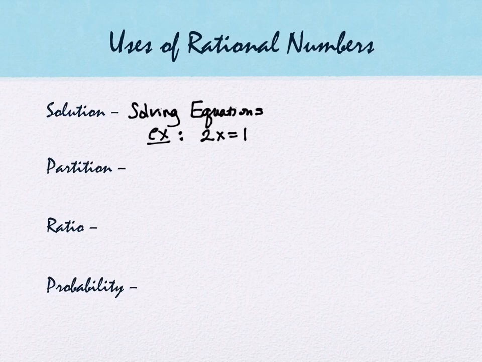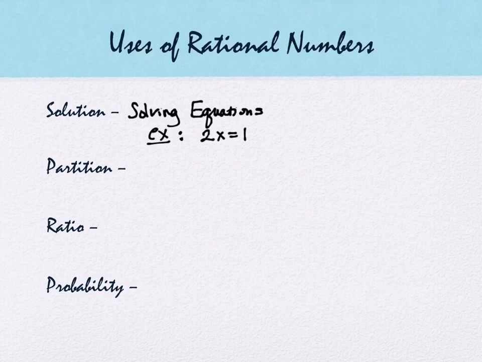Because if x is 0, 2 times 0 is too small. And if x is 1, then 2 times 1 is too big. So there's no integer between 0 and 1 that would solve this. But with rational numbers there is. This is the rational number 1/2, because 2 times 1/2 is 1. So we need rational numbers to be able to solve equations.